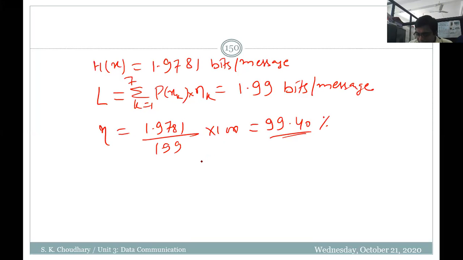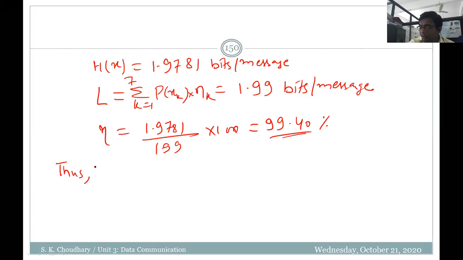So can anyone tell me the difference between the two different methods and their value of efficiency? Can anyone tell me from your class? What have you observed? In the first case, we have the efficiency 99.40, and in the second case also it is 99.40.